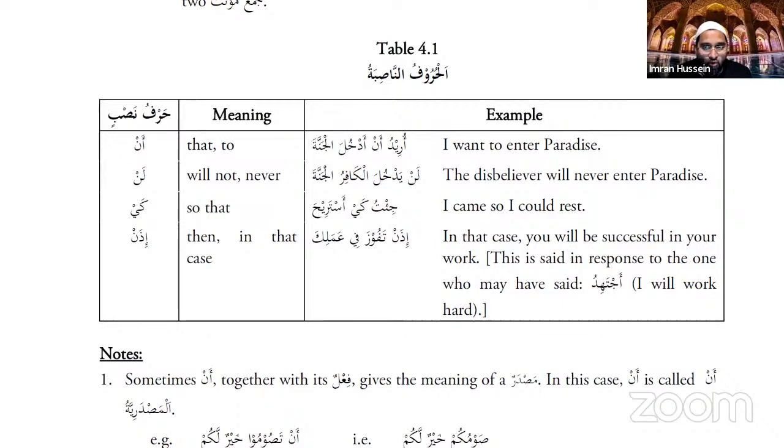So taqulu and tafuzu are on the same conjugation pattern. That's a clue for you to be able to guess the correct past tense for this verb. So taqulu and tafuzu is the exact same pattern.